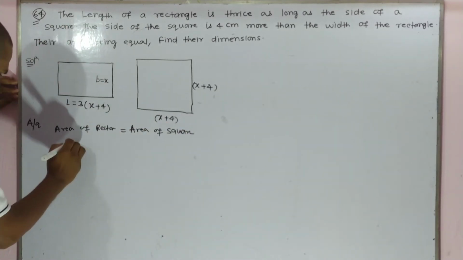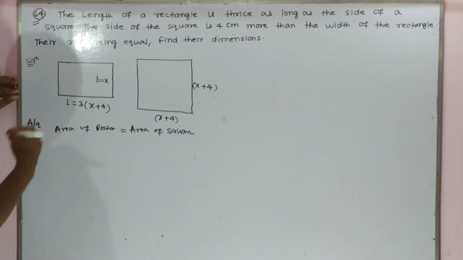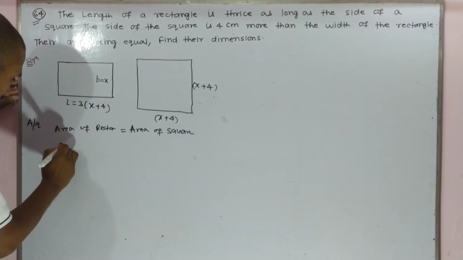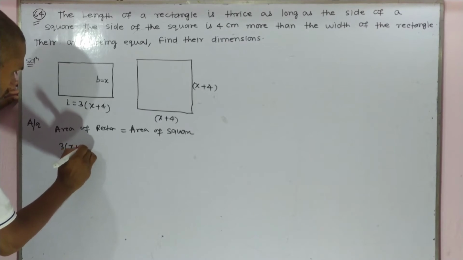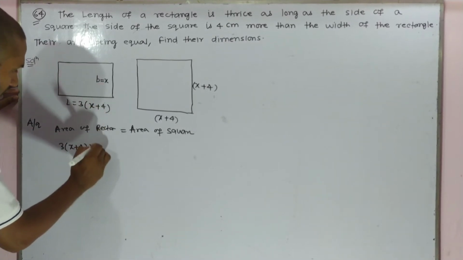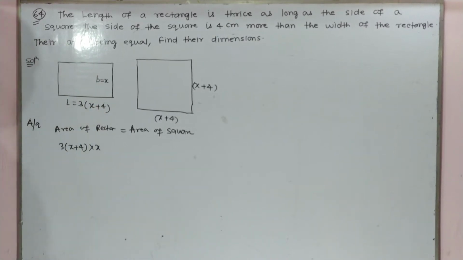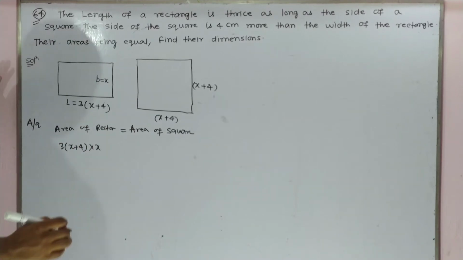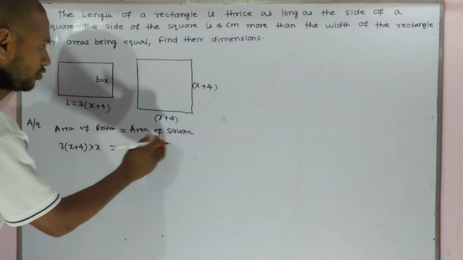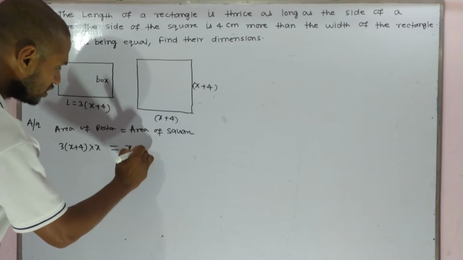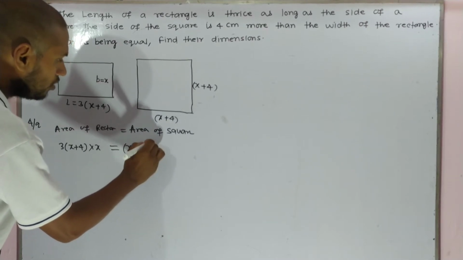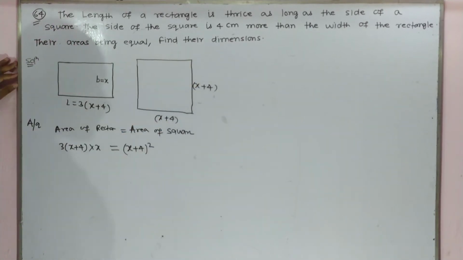The area of the rectangle is length into breadth, that is 3 into x plus 4 into x. And the area of the square becomes x plus 4 the whole square, the side squared.